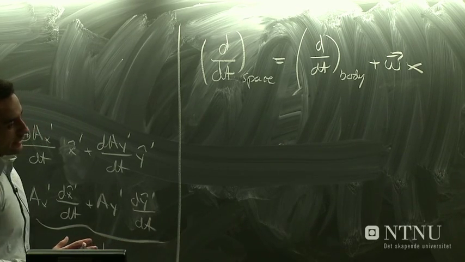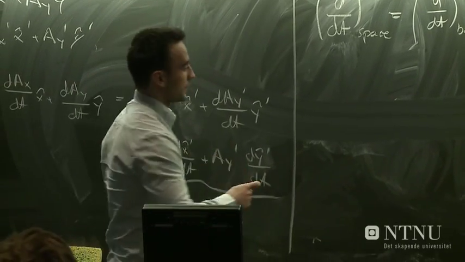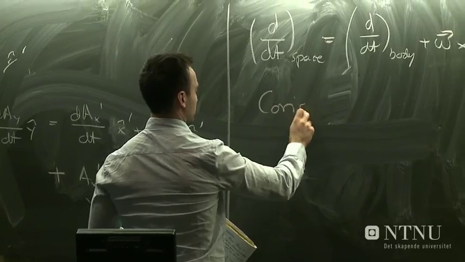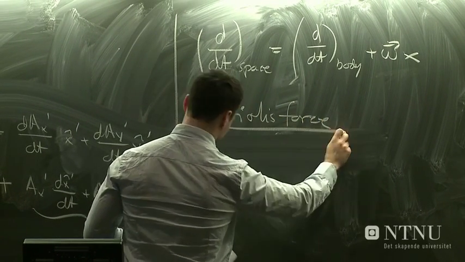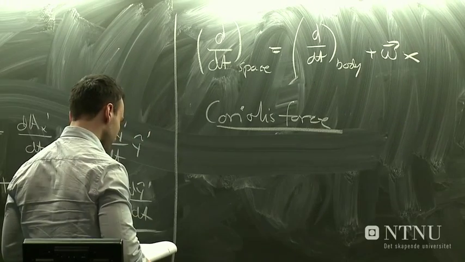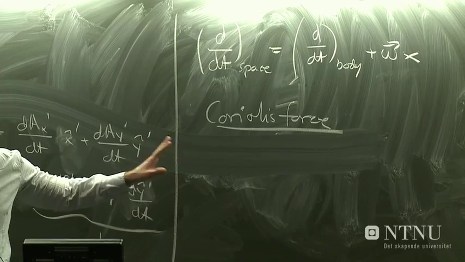So we ended by briefly starting on the Coriolis force, which can be derived from this. What we did was that we used this operator relation on the position vector.